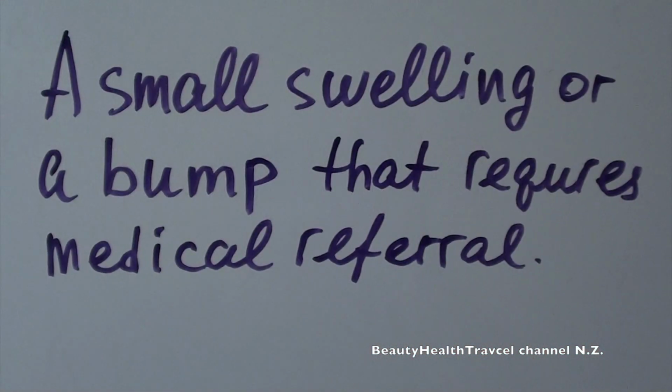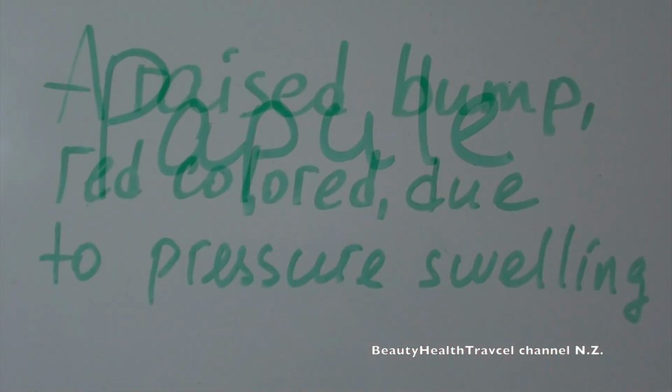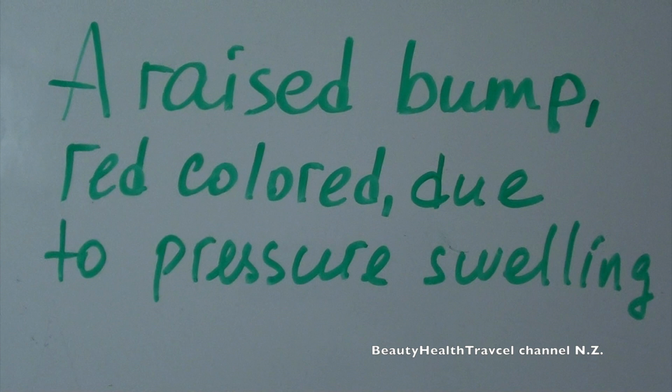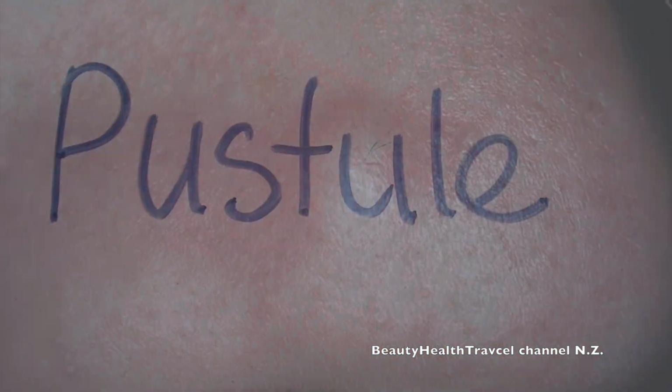Nodule, a small swelling or a bump that requires medical referral. Papule, a raised bump, red colored due to pressure swelling. Also can be brown and pink and can cluster together into a papular rash.